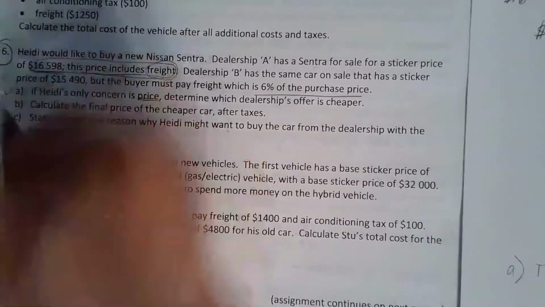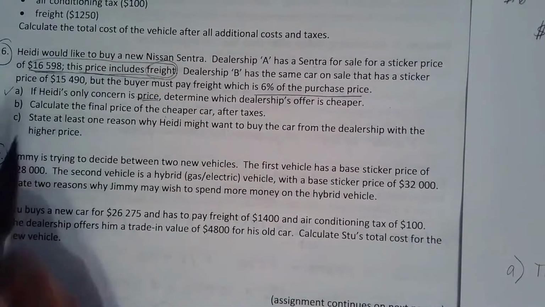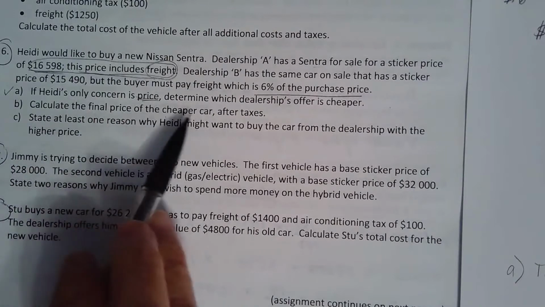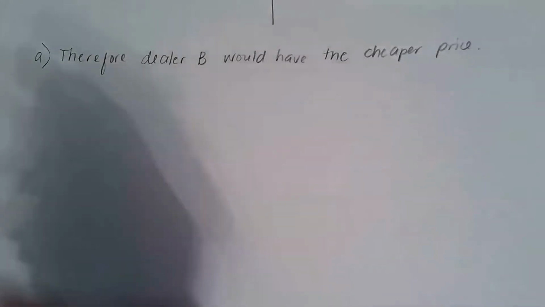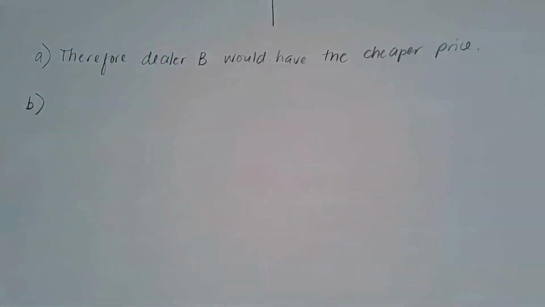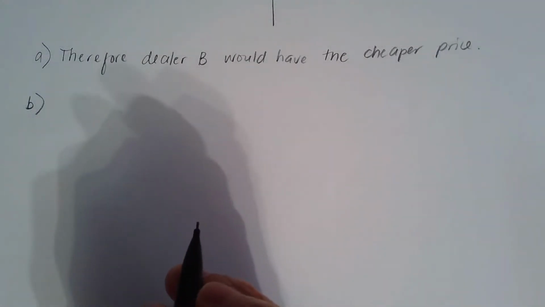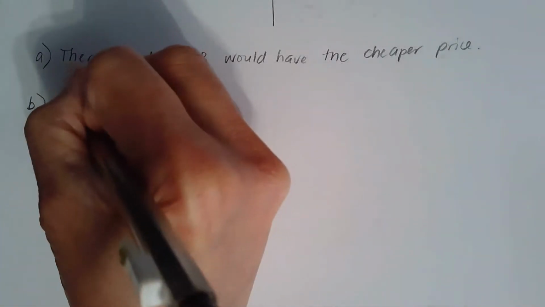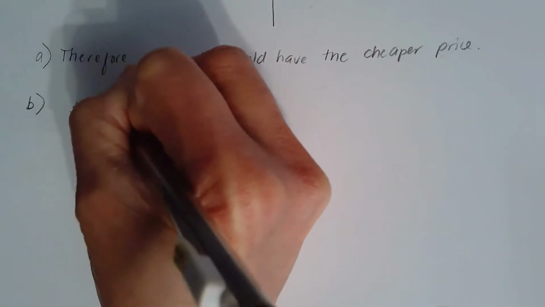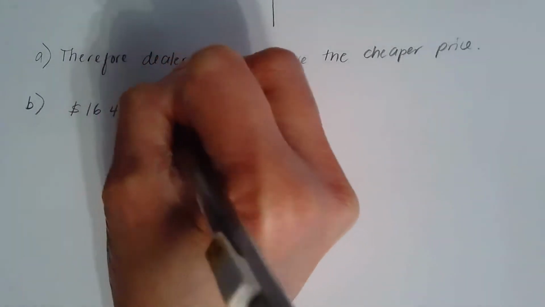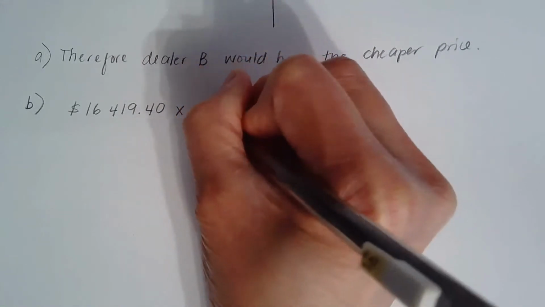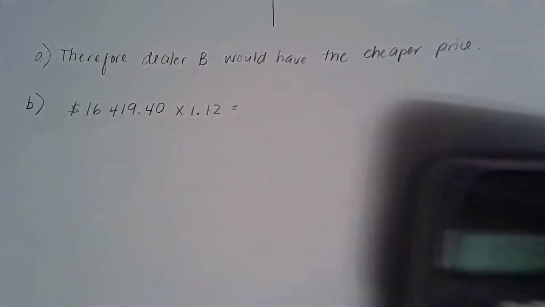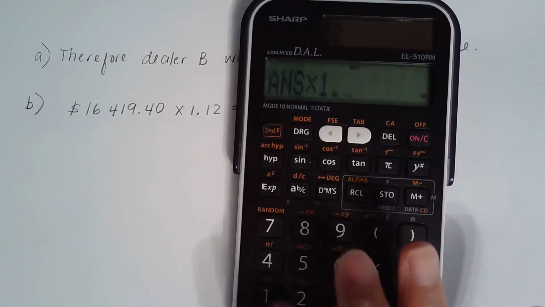So we did 6A. Now let's do 6B. Calculate the final price of the cheaper car after taxes. How much is the price of the car after taxes? It's going to be 16,419.40, and because it's a brand new car, times 1.12.